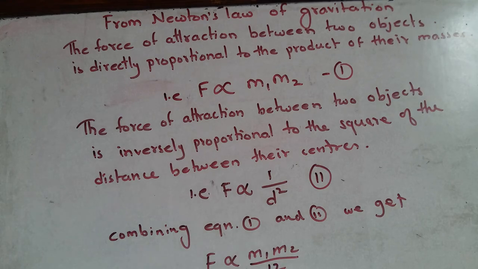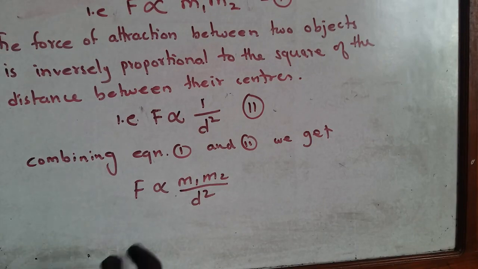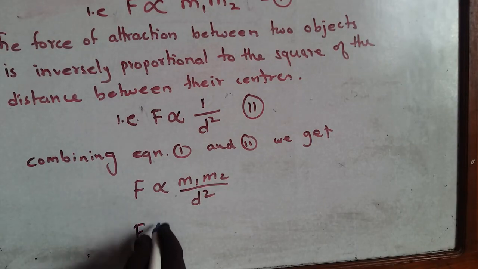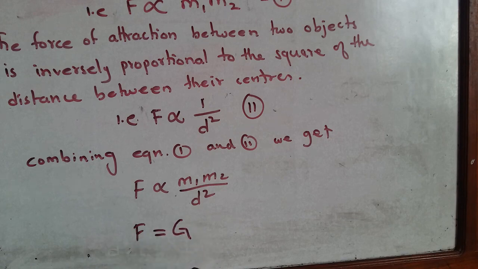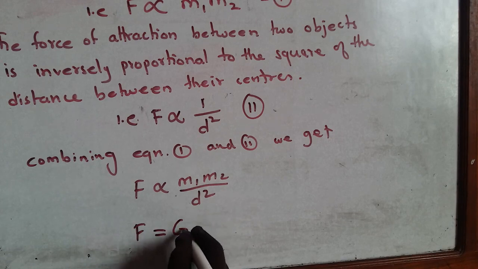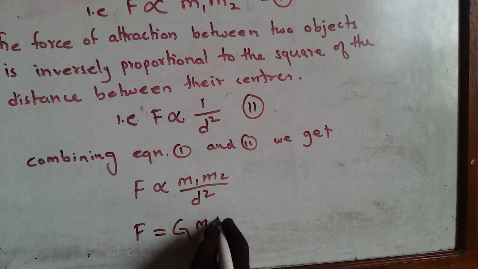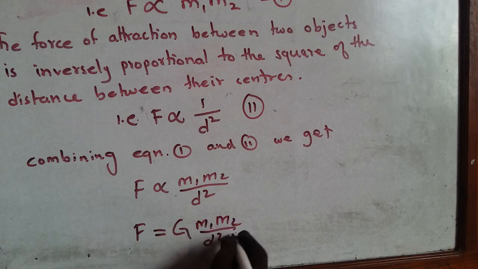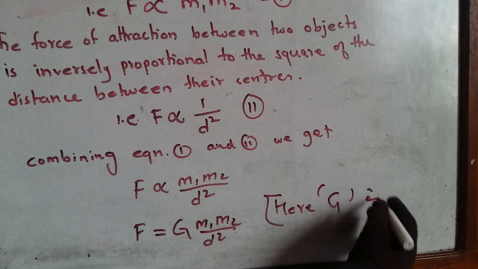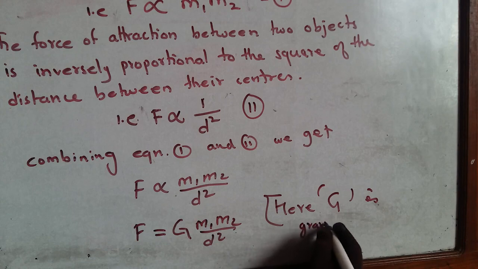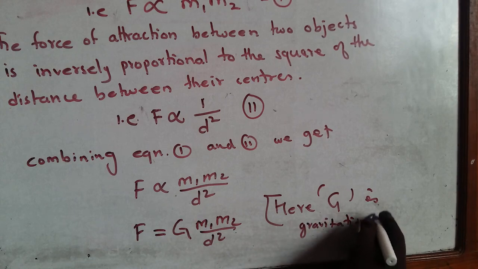And now we change the proportionality sign into an equality sign, and here comes a constant. This G is called the gravitational constant.